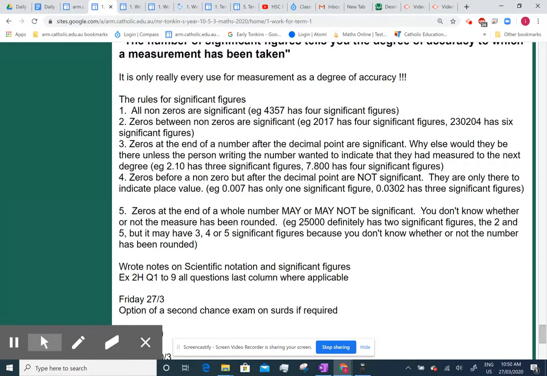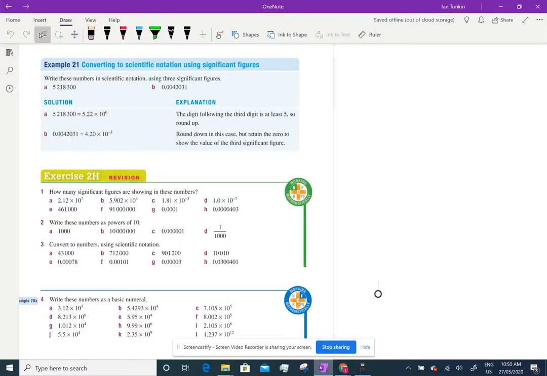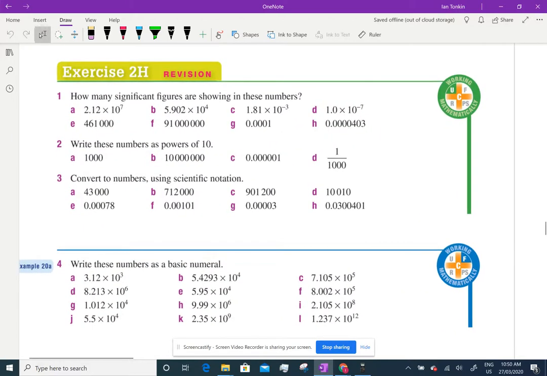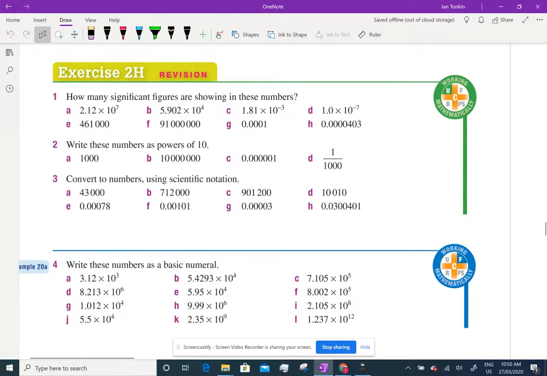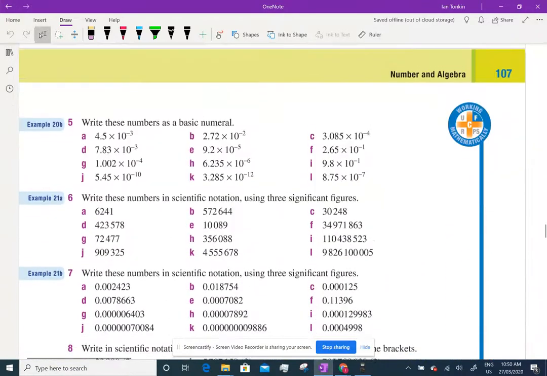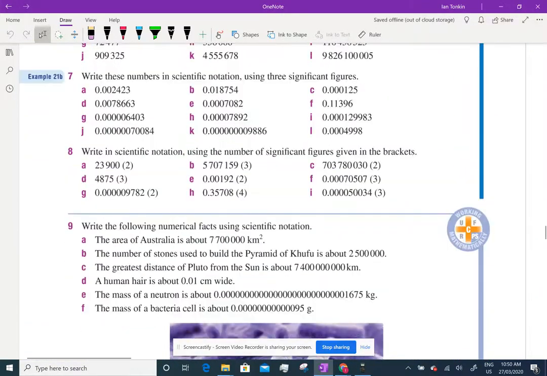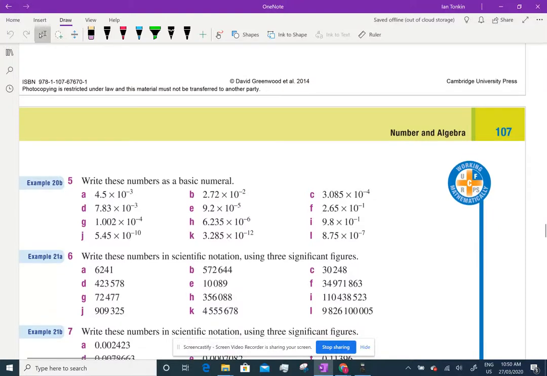It's only the zeros. So zeros between non-zeros are significant. So for example, these are all scientific notation. If we're looking at a number here, how many significant figures are there? Well, the 3, the 2, the 4 and the 8 are, so there's definitely 4. Is that 0 significant?